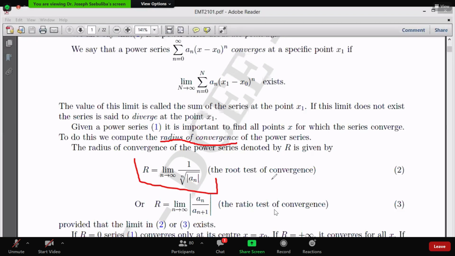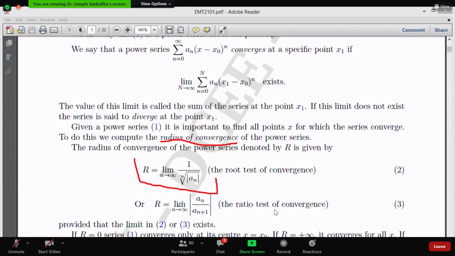This language we are using is part of real analysis. Some of this we are supposed to do in math too, but because I knew I'd have a review, I get an opportunity to mention some of it here, and then we also do some examples. When we talk of a root test, this is the limit as n approaches infinity of the nth root of the norm of the given sequence.